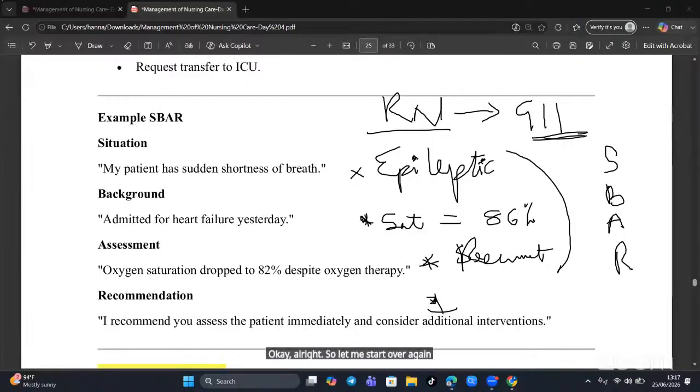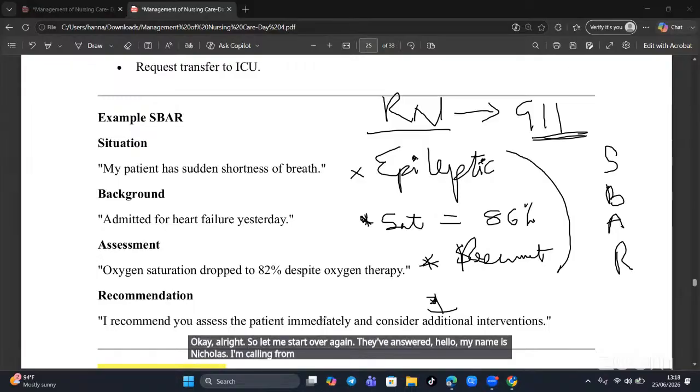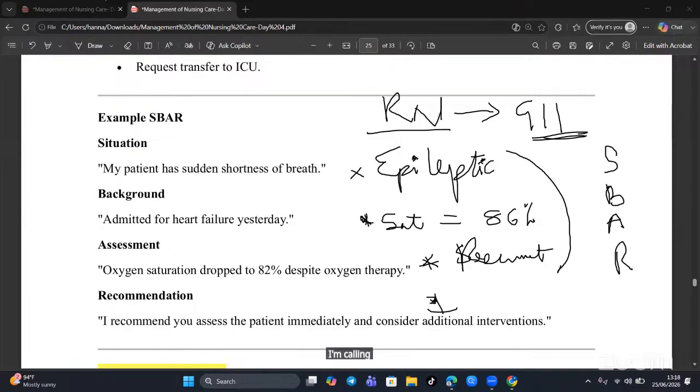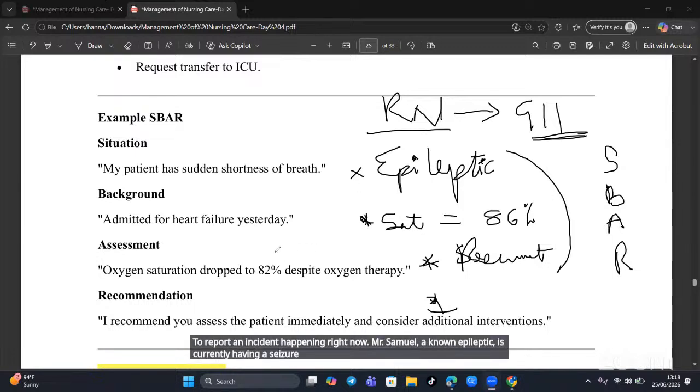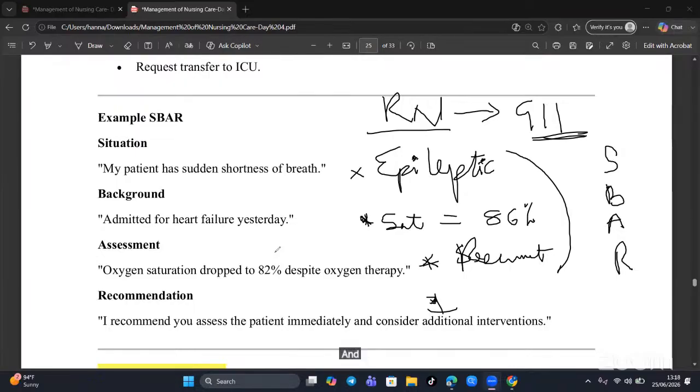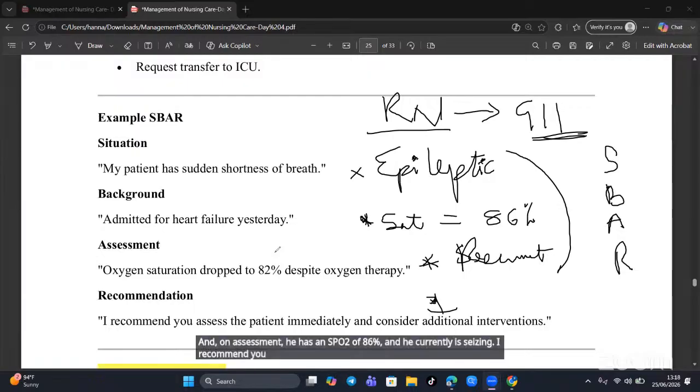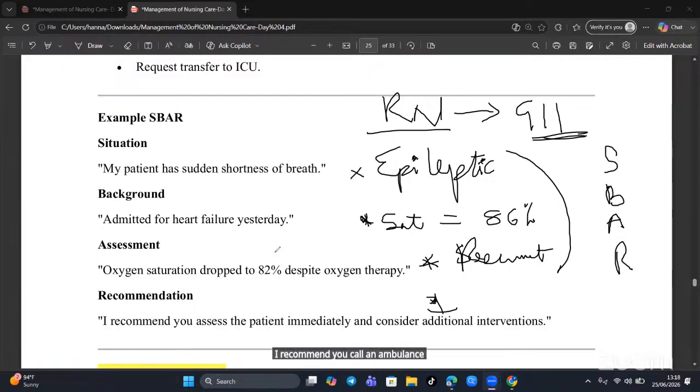They've answered. Hello, my name is Nicholas. I'm calling from Church of Pentecost at New Louisiana. I'm calling to report an incident happening right now. Mr. Samuel, a known epileptic, is currently having a seizure, and on assessment, he has an SpO2 of 86%, and he is currently seizing. I recommend you call an ambulance right now because his situation is serious and deteriorating.